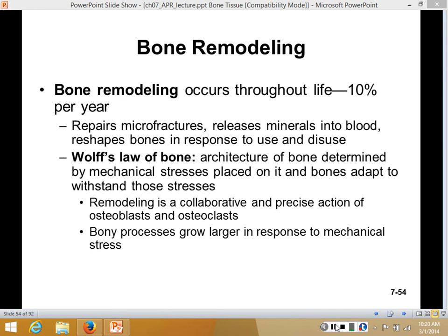Looks like a rat or something has just eaten its way through it. Okay? That's because the osteoclasts are now starting to outpace what? Your osteoblasts. So the osteoclasts are just eating away at the bone matrix, removing bone. And that's what happens.